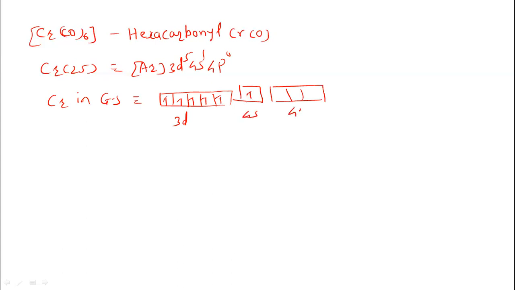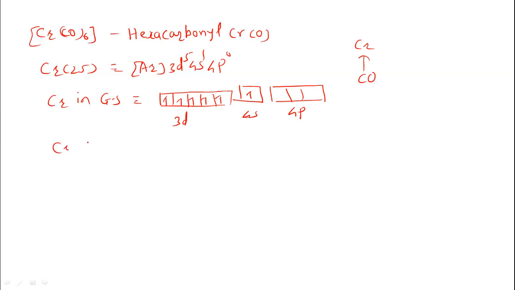4p is totally empty. Now we know that in this complex, when the carbonyl ligand approaches the central metal chromium, it creates a strong force, and pairing of the electrons takes place in the valence shell.